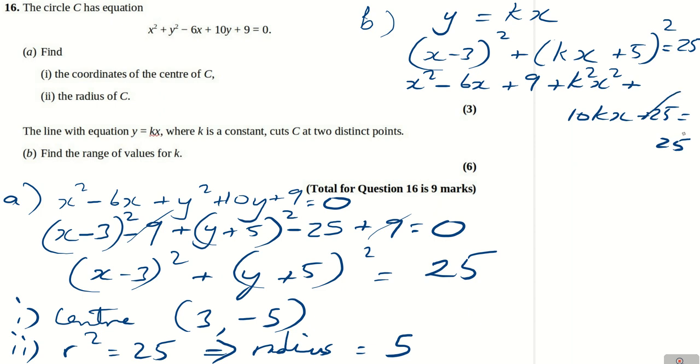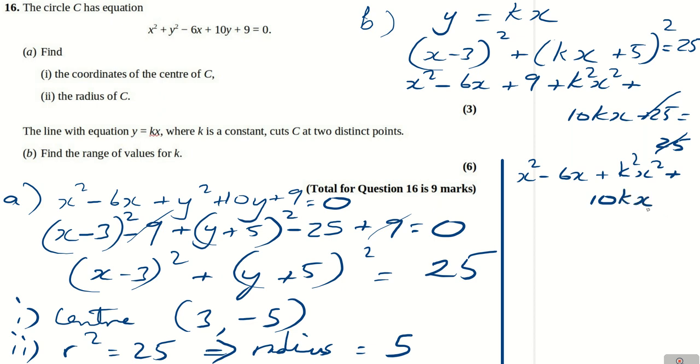So I can take 25 away from both sides, and what I end up with then is x squared minus 6x plus k squared x squared plus 10kx plus 9 equals 0.